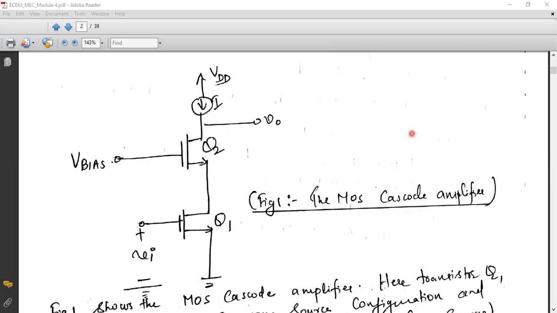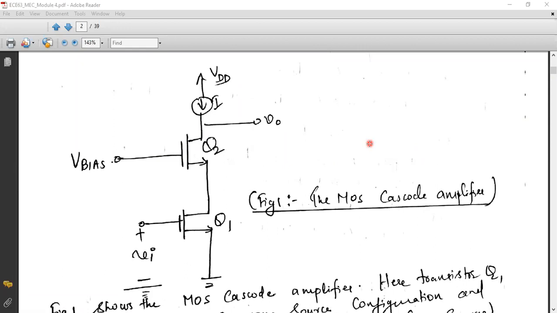Understood? Now, why do we require to cascode these two configurations? Can anybody tell why we are not going alone for CS, or why we are not connecting CG alone, and what is the necessity of connecting the CS and CG together? The main reason is I need to exploit the benefits of two configurations simultaneously in a single circuit.